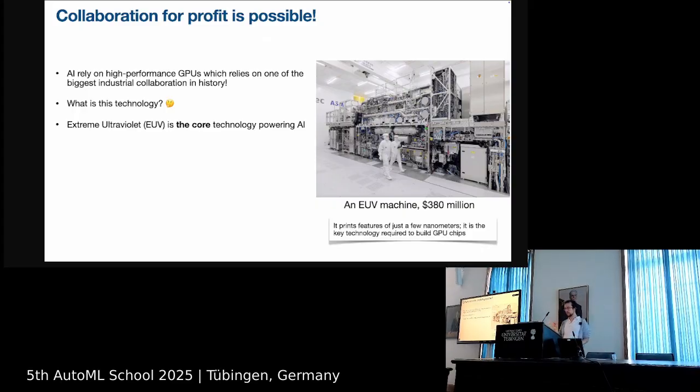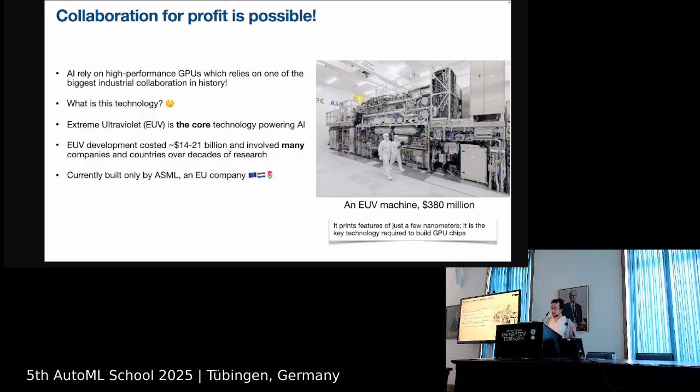It prints chips, silicon, at a precision that is orders of magnitude better than standard machines. In this case, the cost of EUV was between 14 and 21 billion, but it involved many countries over decades of research, and it's really the result of a large-scale collaboration.